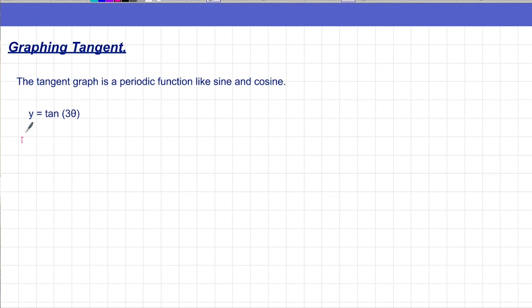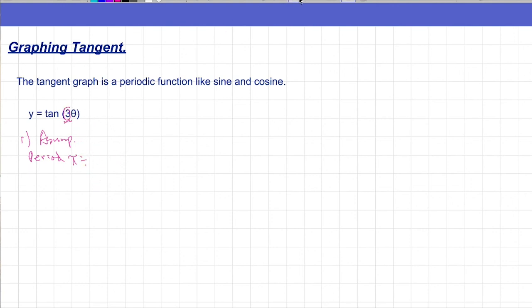Our last example I want to do before I ask you to do a couple looks like this. Start off by finding the asymptote in this problem. To do that, I'm going to find the period first. My period for this problem is pi divided by the frequency. So I've changed the frequency in this problem.